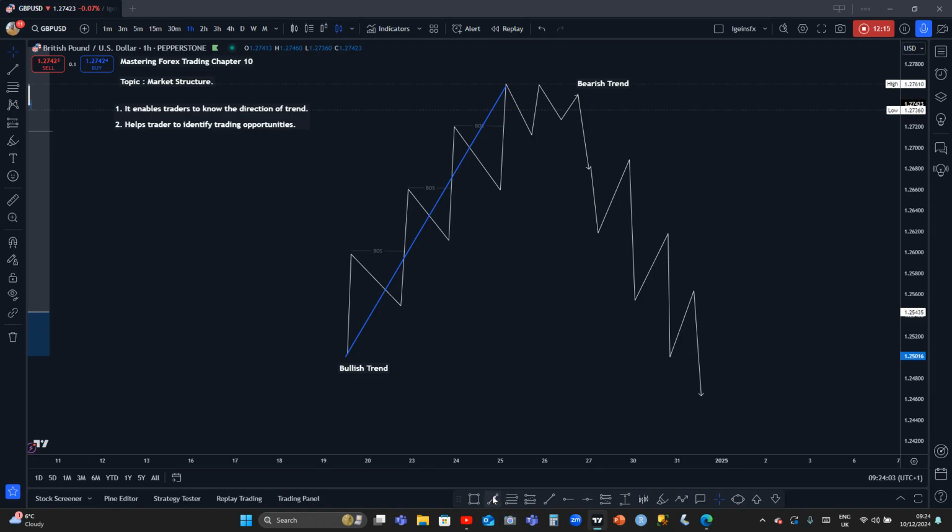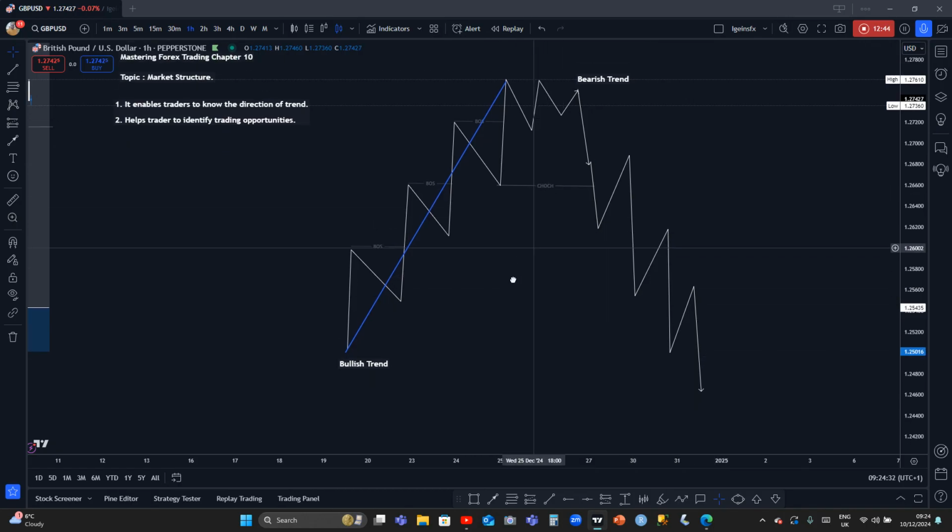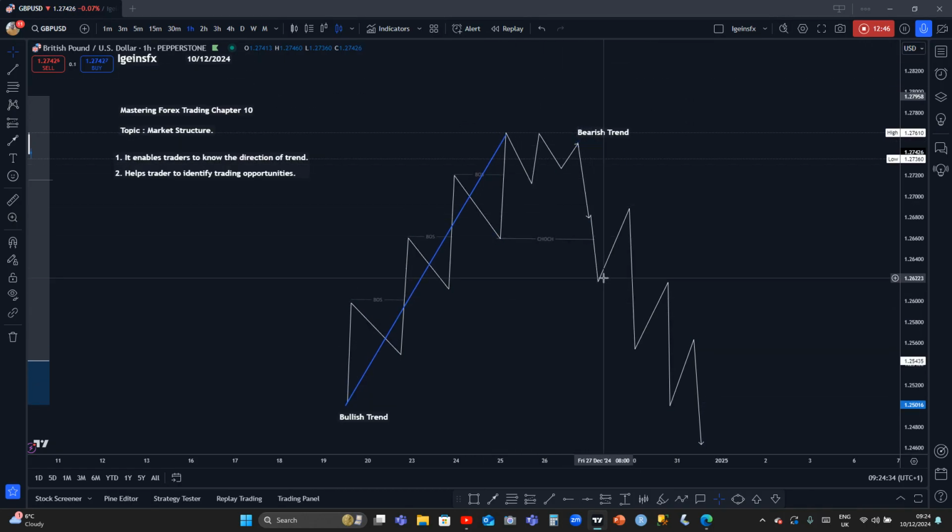Once you see that price action pulls below this low, we will say change of character, meaning that the trend has left the bullish state to a bearish trend. We were bullish before, now we are bearish, meaning that sellers have taken over.